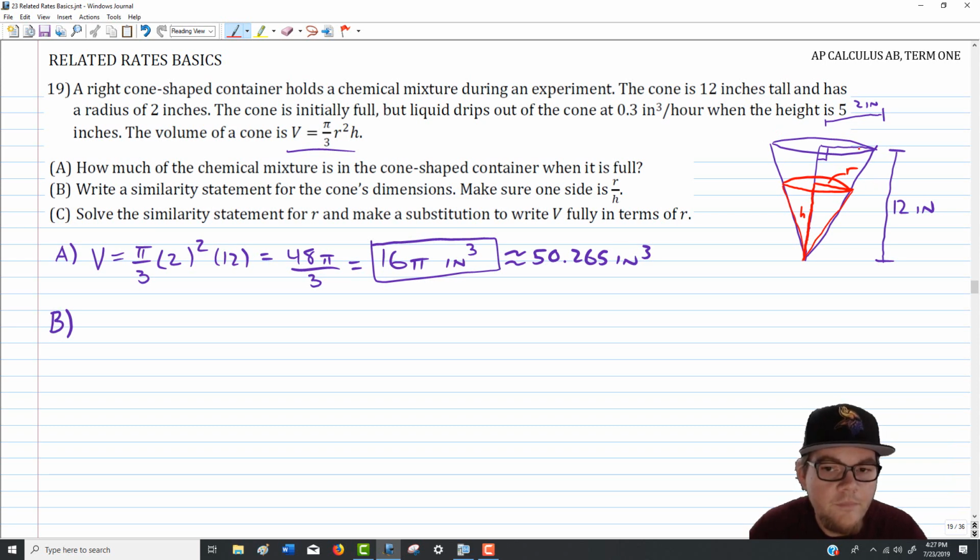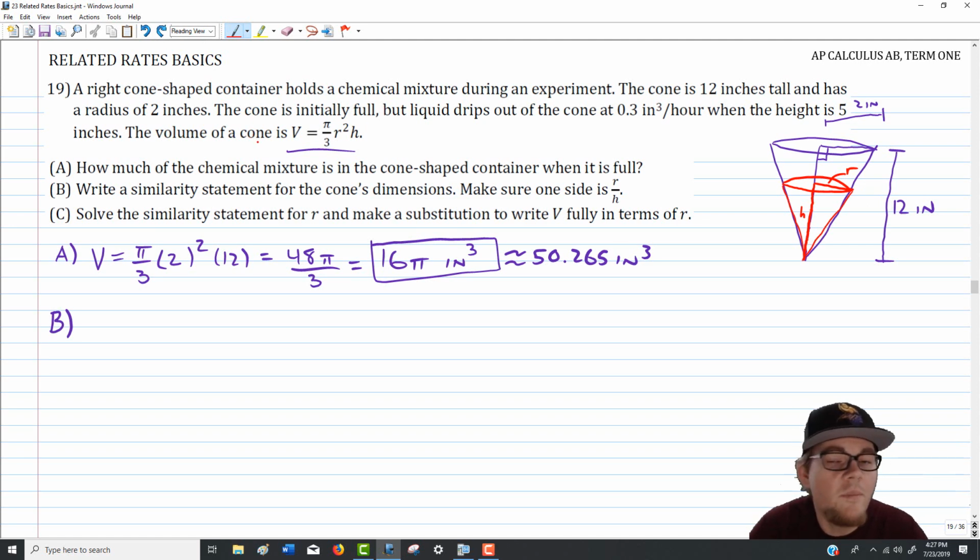In other words, if the height was 6, the radius would be 1. Each one would be half of what they started with. If the height was 3, that's a quarter of where it started, we would have 1/2 for our radius, because it would then have to be a quarter of what was there. That's because these two pieces are proportional, or the two cones are similar.